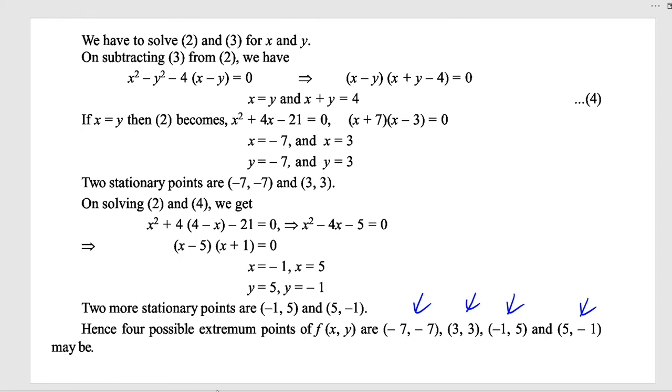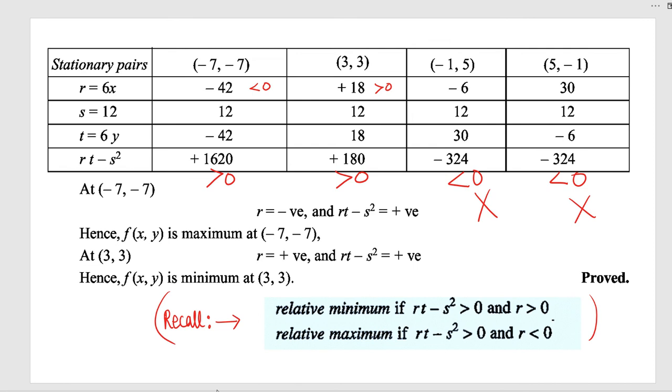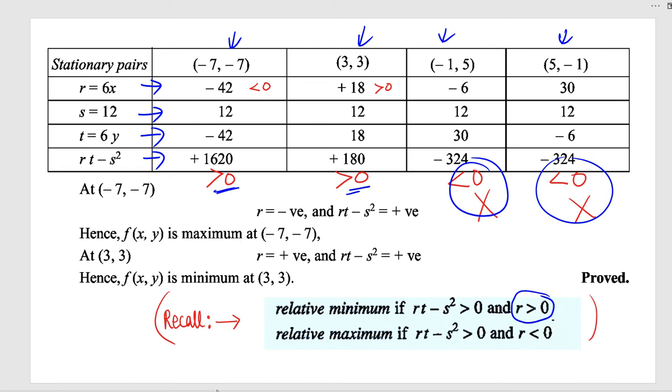You have to verify whether these are maximum points or minimum points. Whenever you have the less than type, you cross out. Whenever you have the greater than type, you have to consider: if R is greater than 0, then we have a relative minimum, and if R is less than 0, we have a relative maximum.